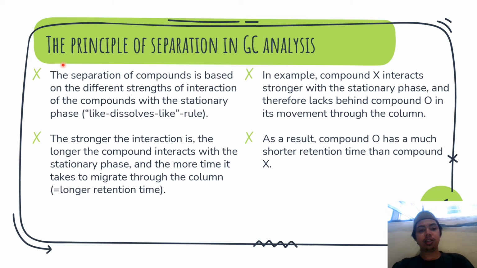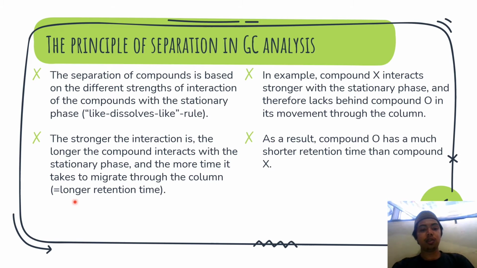Okay, next we will look at the principle of separation in GC analysis. The separation of the compounds is based on the different degrees of interaction of the compounds with the stationary phase, like dissolved light. The stronger the interaction is, the longer the compound interacts with the stationary phase, and the more time it takes to migrate through the column.